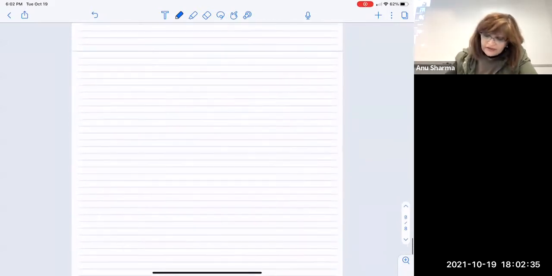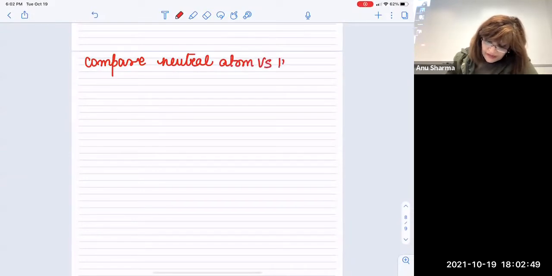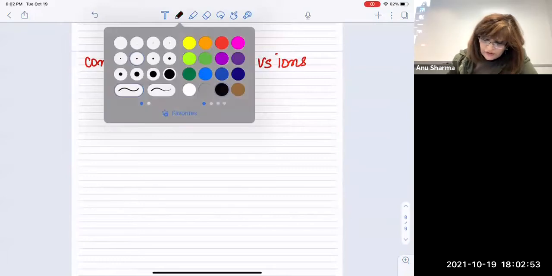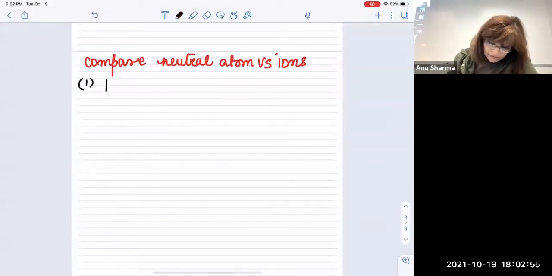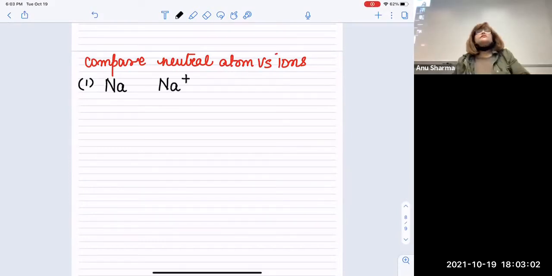Now let's compare the neutral atom versus the ions. Which one is bigger and which one is not? Let's look at this one example. You have sodium and you have sodium ion. Which one do you think is bigger?